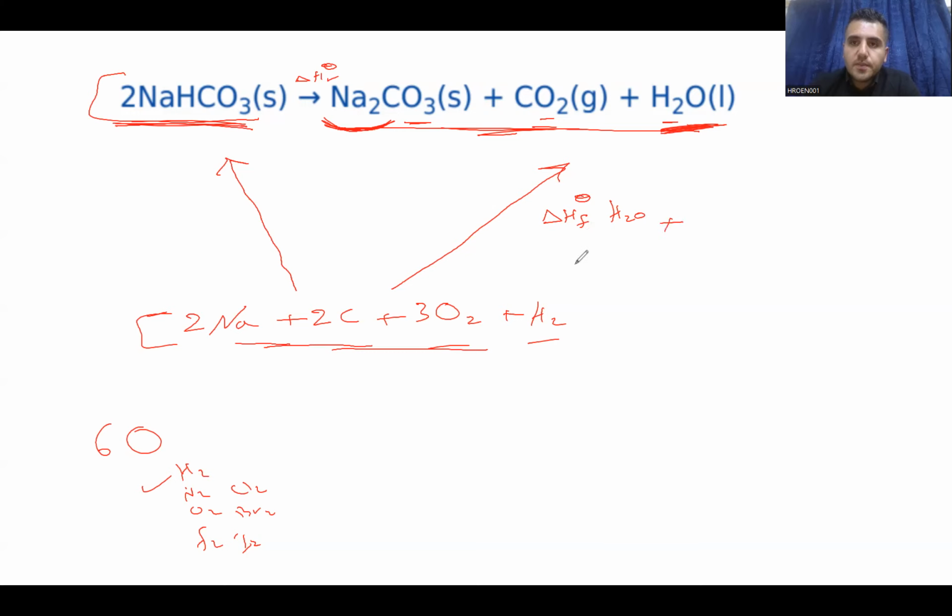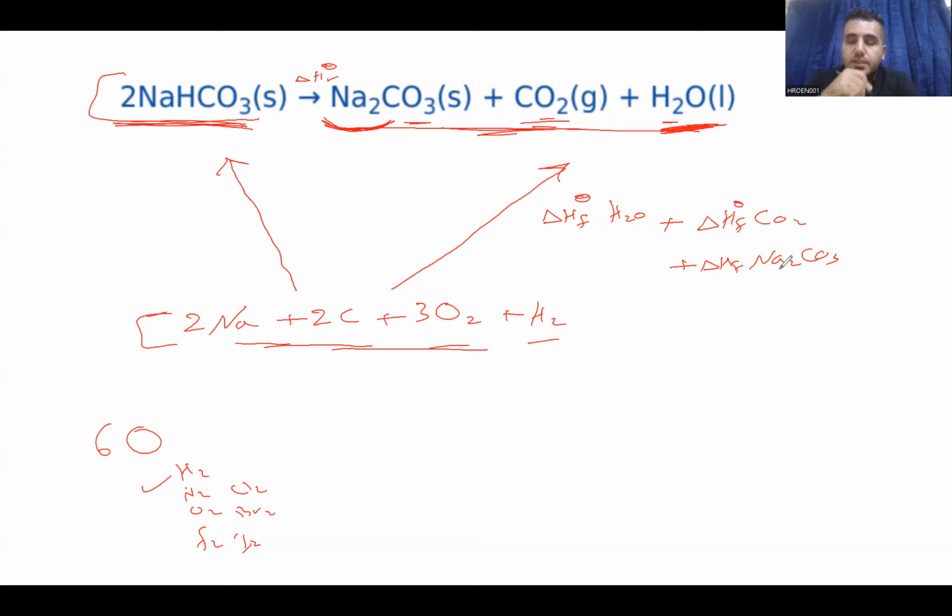So this arrow represents the enthalpy change of formation of water. And also, it represents the enthalpy change of formation of CO2, right? Because on this side, we also have CO2, plus the enthalpy change of formation of Na2CO3.